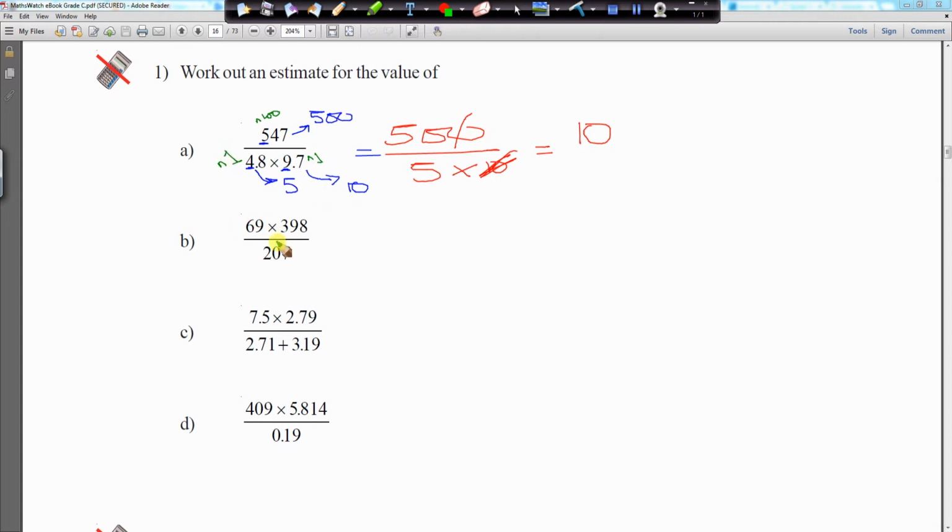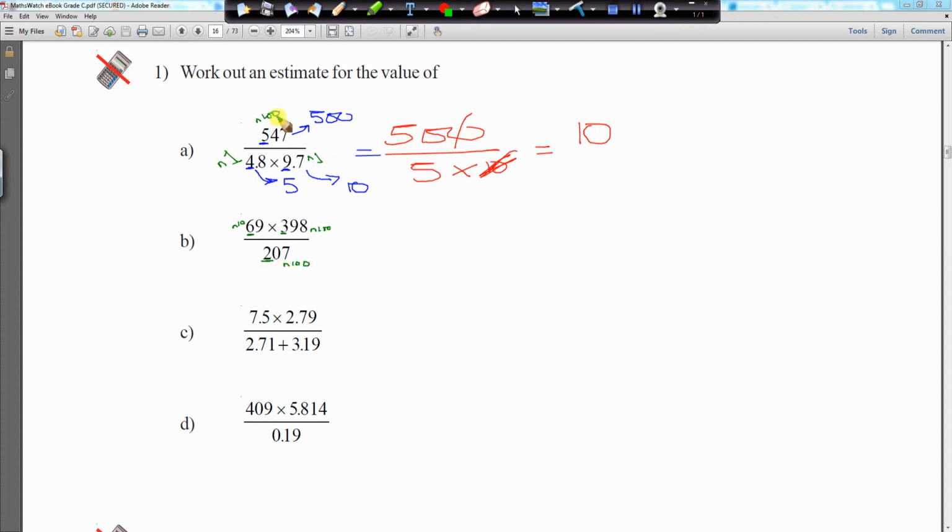We've got 69 times 398, divided by 207. For 69, the highest place value is the tens, so we round to the nearest 10. 398, the highest place value is the hundreds, so we round to the nearest 100. 207, the highest place value is hundreds, so round to the nearest 100 as well.